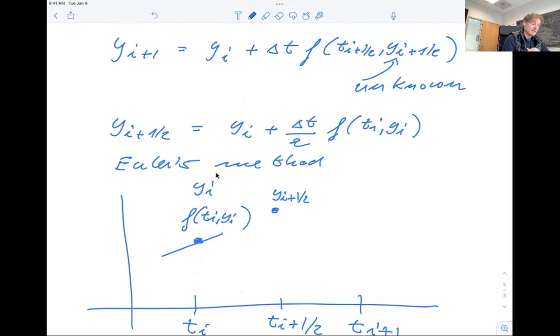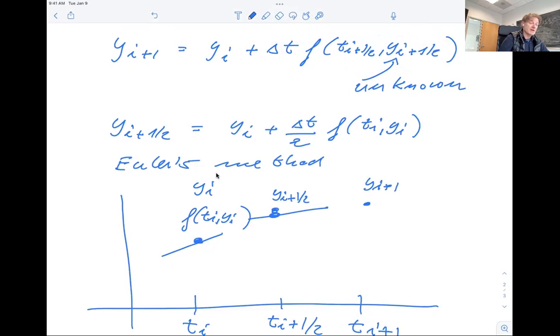So we get an estimate for the midpoint value of y. This estimate is now plugged into the equation here. And then we get a new slope for the function y of i plus 1/2. So we get a new slope here. And then we use that slope to make a prediction for the final point y of i plus 1.